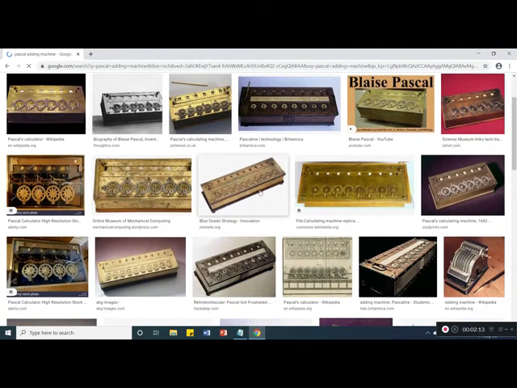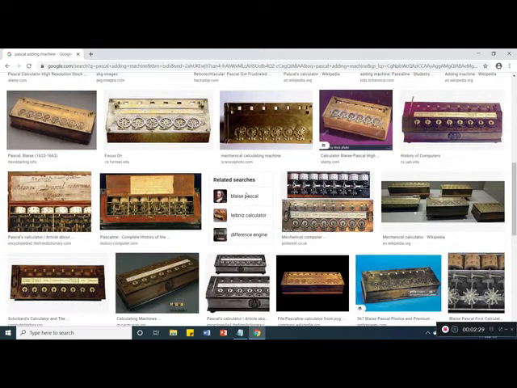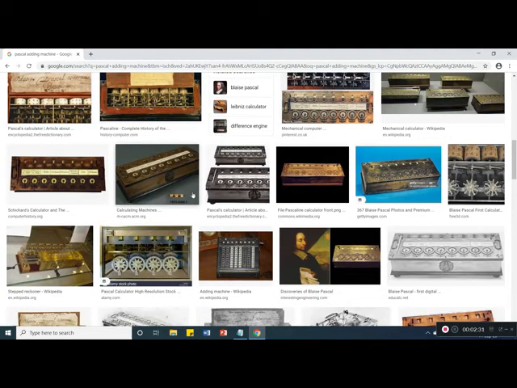In this machine, you will see different numbers given, and you calculate this way. See here, this ring will move round and round, and the calculation is completed. So these are the different devices. This is the Pascal adding machine. Currently, this kind of device is not usable for computers. This is a calculating machine.